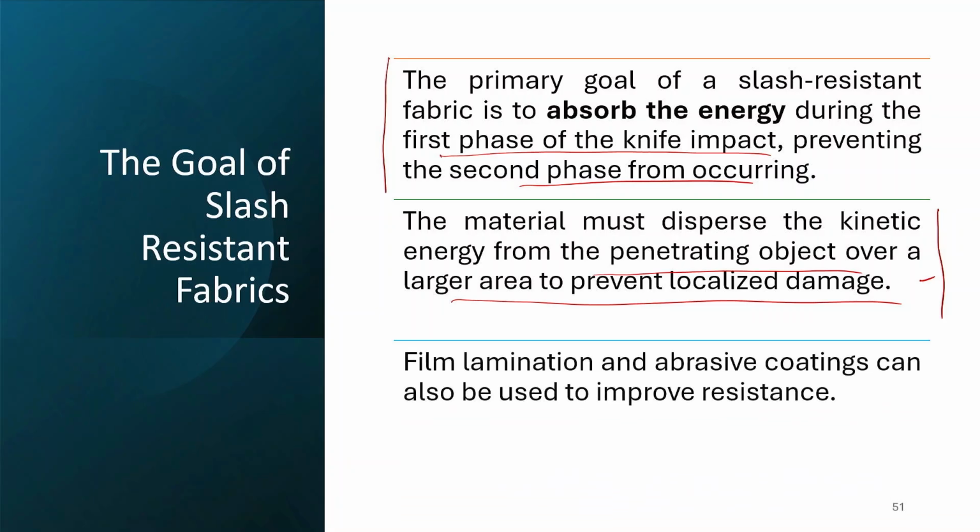And the third one is that film lamination and abrasive coating can also be used to improve the slash resistance characteristics. So, while designing clothing or textile material for slash resistance, we have to keep all these things in mind.